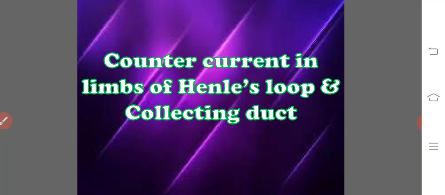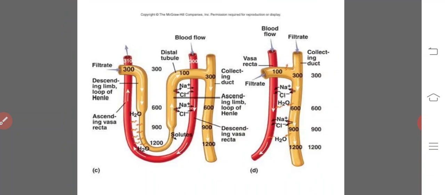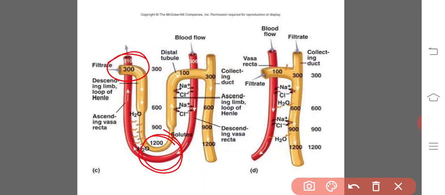Why? Because the osmotic gradient of the tissues is 1200 units in human beings, whereas the normal milliosmolarity of the blood is 300 to 310. How is it achieved in the medullary tissue?